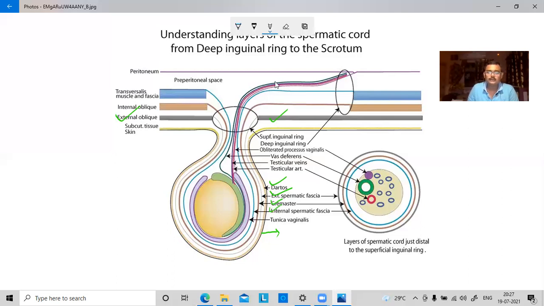Now, the internal spermatic fascia is the part from the fascia transversalis from the deep inguinal ring, and then there is a covering of the tunica vaginalis, the parietal layer and the visceral layer of tunica vaginalis, which will cover the testis.